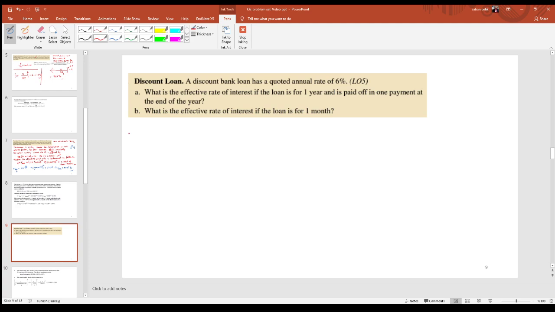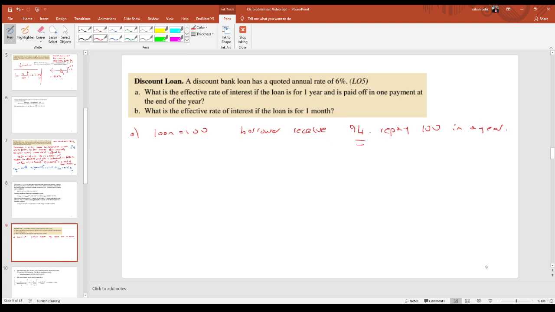So A, let us assume the loan is 100, so for every $100 of stated loan, the borrower receives $94 and as a result repays 100 in a year.